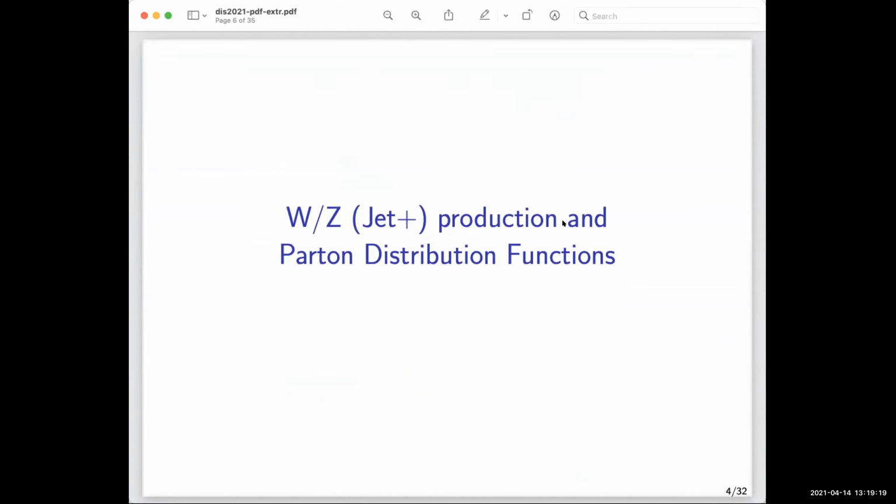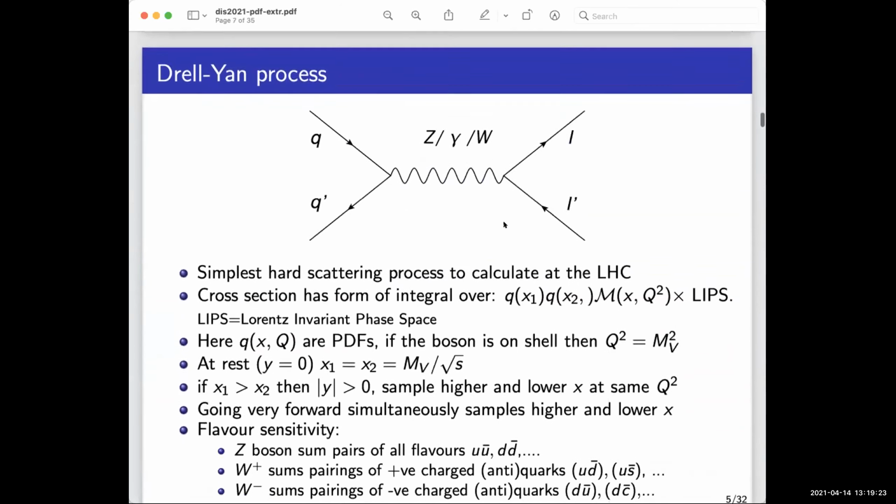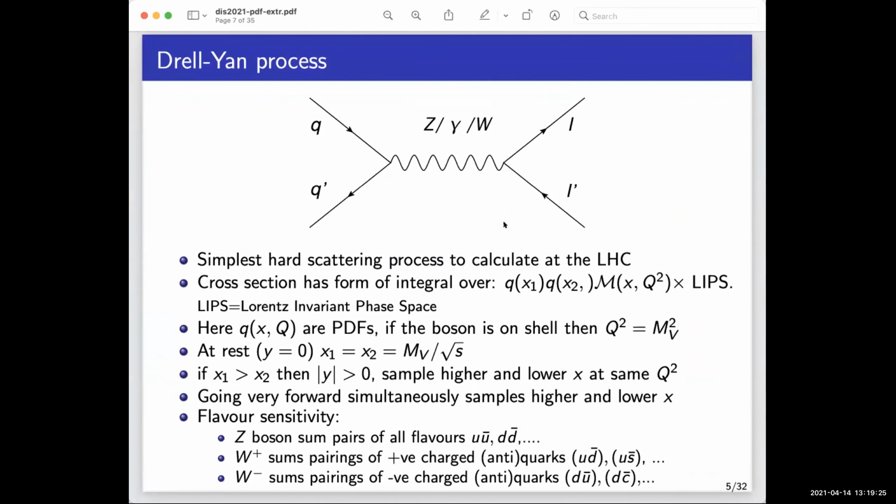So why W, Z and W, Z plus jet production for the PDFs? This is slightly covered already, and I think everyone in this audience probably knows well that this is the simplest hard scattering process to calculate at the LHC when you look at the inclusive diagram, and it gives you sensitivity to the quark PDFs in the leading order picture, times the matrix element, times their Bjorken x and Q squared, times the phase space.